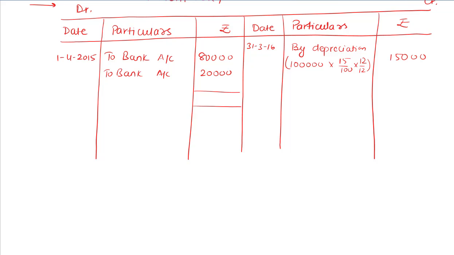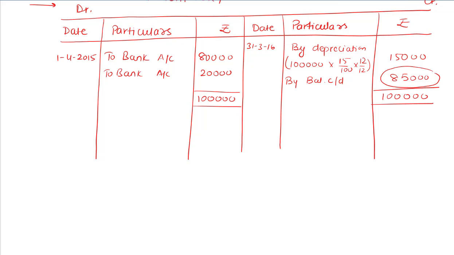So over here, just try to close it. 1 lakh, and 85,000 is the balancing figure. We will write by balance carried down 85,000.